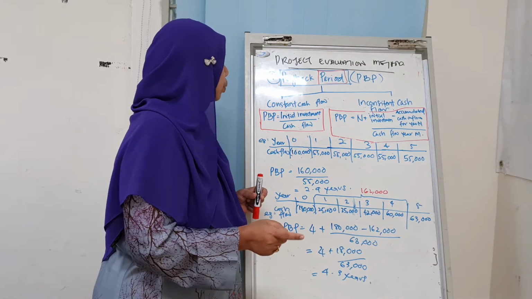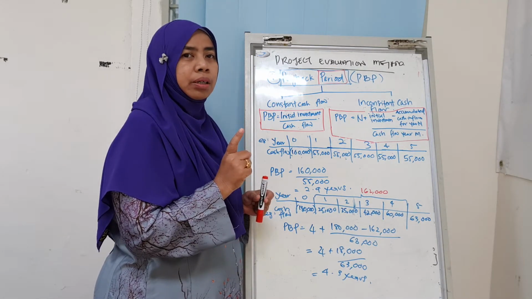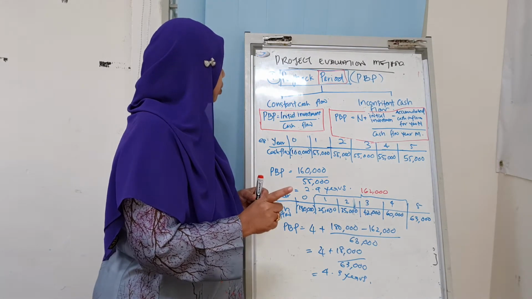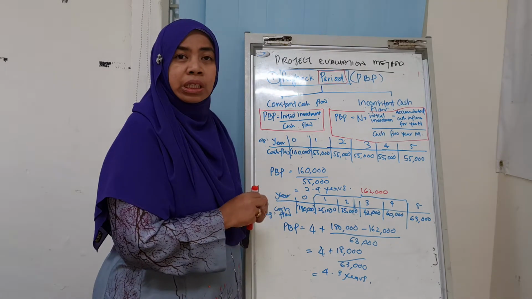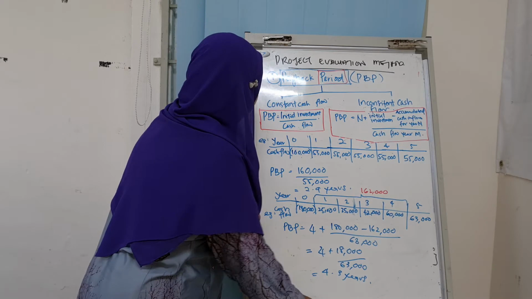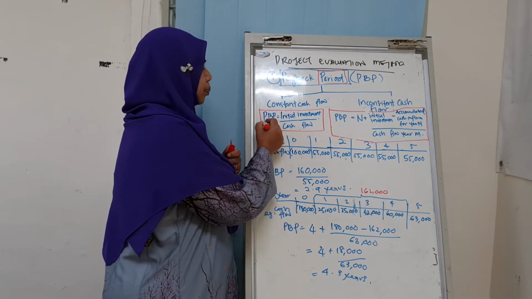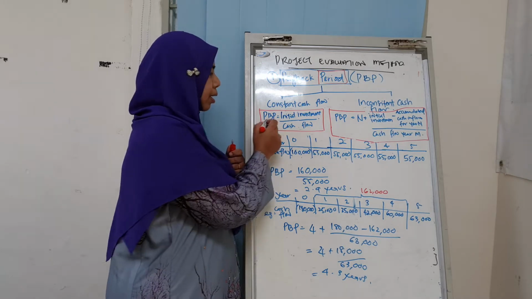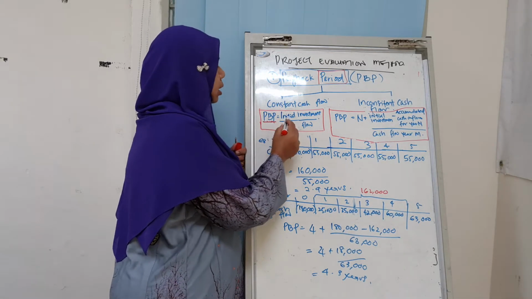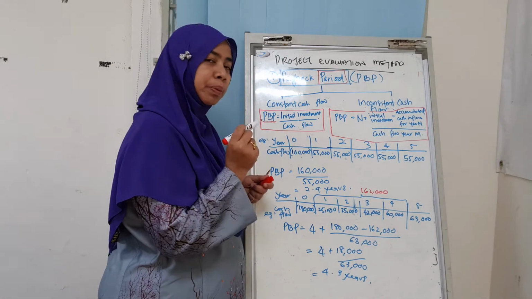I would like to teach you how to calculate payback period in constant cash flow. Right, the formula of payback period, we call it PBP, is initial investment. Apa maksud initial investment?